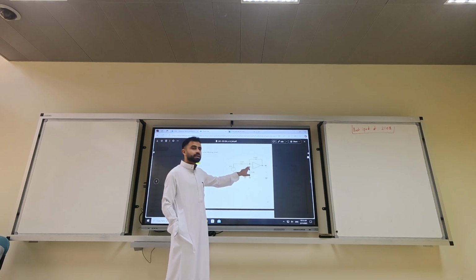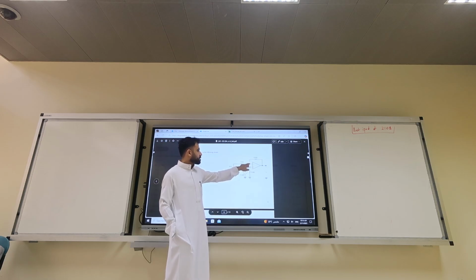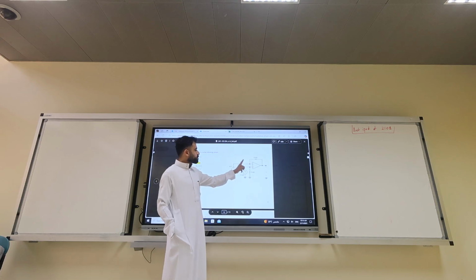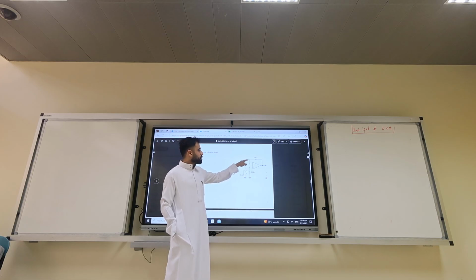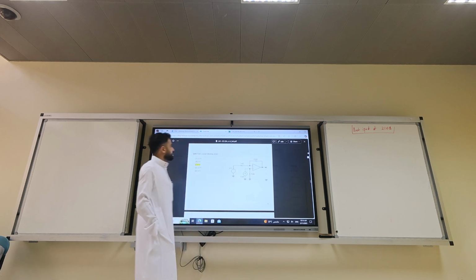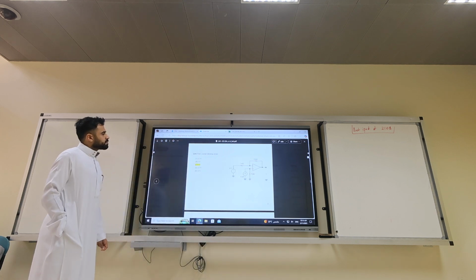So the voltage drop here is what? 3. We see here what? 3. So 4 minus 3 is 1 volt over 2, which is half milliamp. And then another half milliamp will go there. The question is, find the output.